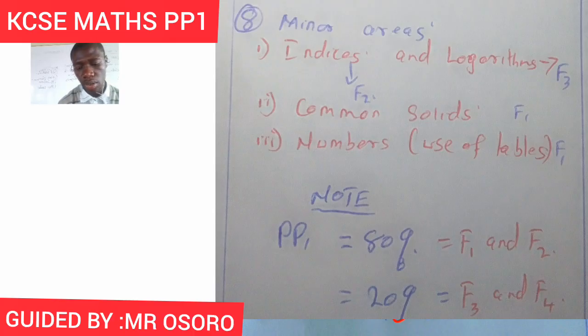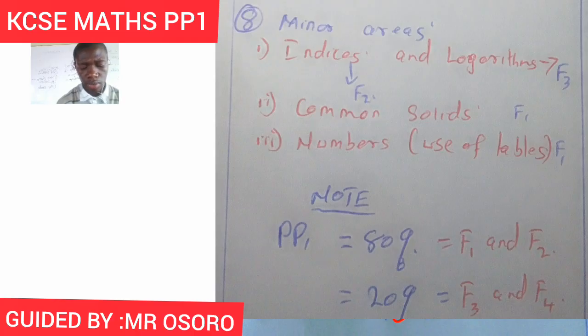As you can see, a student at Form 2 can handle comfortably a paper 1 exam. Because if you look at most of the things here, they are basically Form 1 and Form 2. And I tend to think that 80% of paper 1 is Form 1 and 2. And the 20% are basically Form 4 and Form 3.